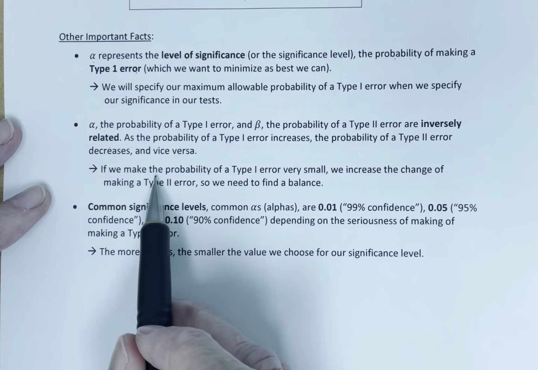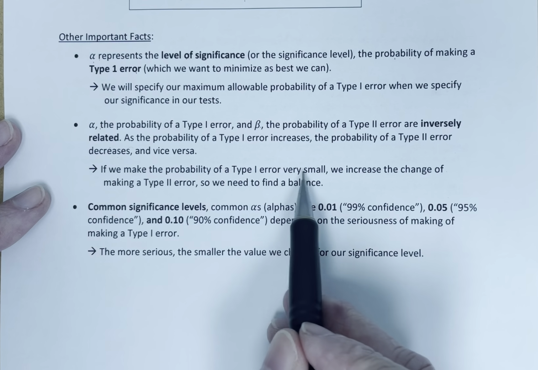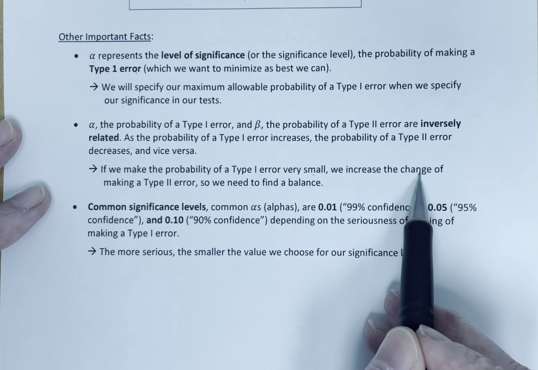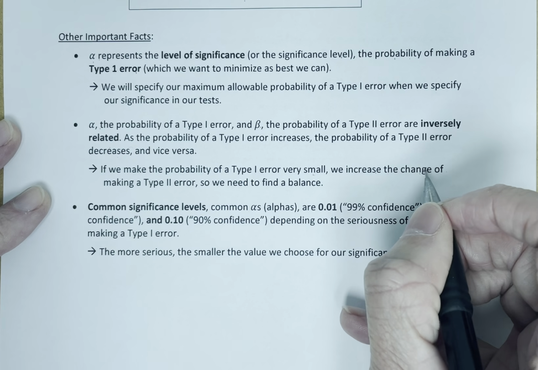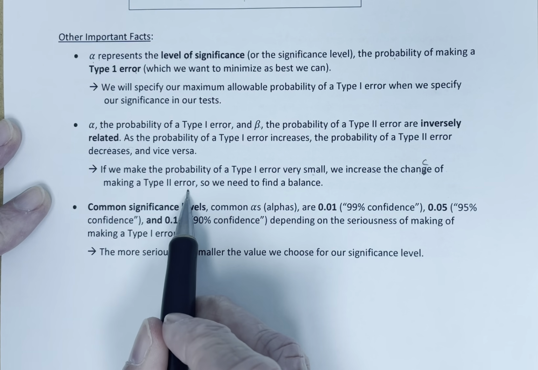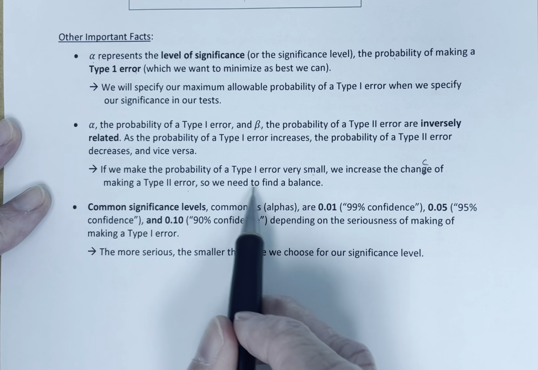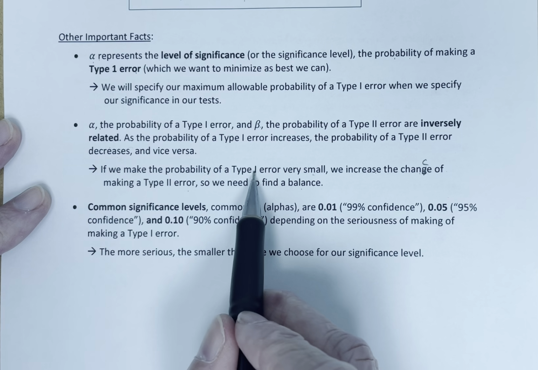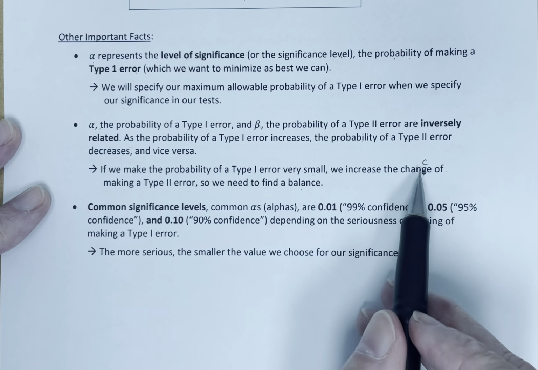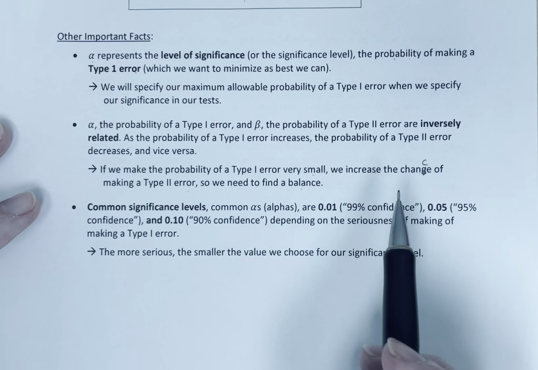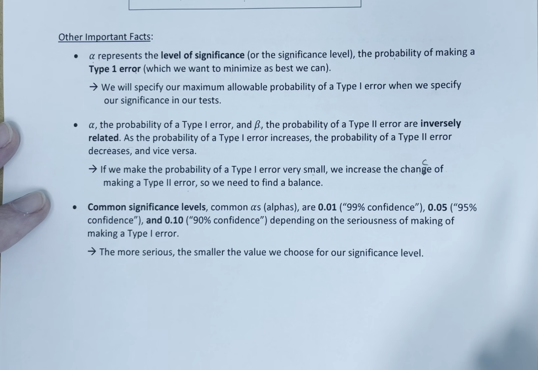If we make the probability of a type 1 error very, very small, we increase the chance of making a type 2 error. So we need to find a balance. Obviously, if we make the probability of a type 1 error large, then we've made the chance of a type 2 error small. They are inversely related.